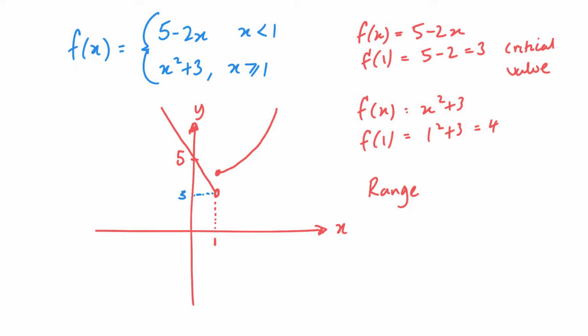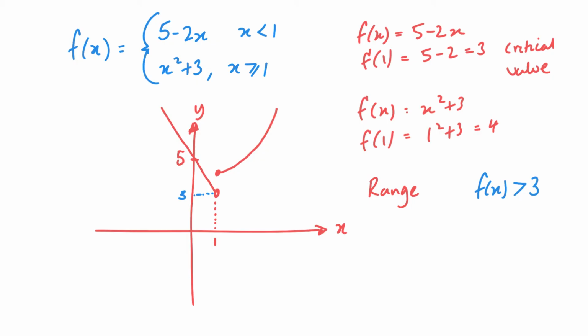It doesn't actually hit that point, but everything above that point counts. Everything above, going off that way and off this way. These are going to go on forever, aren't they? So for my range, I'm looking at y greater than 3. Not equal to, but just greater than.